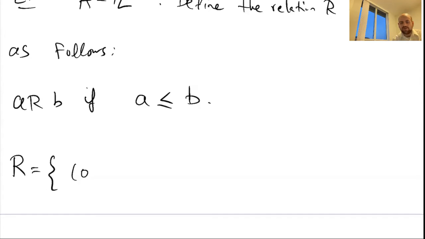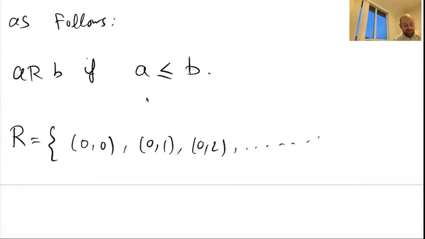So let's say the first coordinate is 0, then which pairs will be included in R? According to this relation, the second coordinate must be bigger than or equal to the first coordinate. So the second coordinate must be bigger than or equal to 0. So it could be 0 itself, or 0 and 1, or 0 and 2, right? Or if the first coordinate, for example, is 1, then the second coordinate could be also 1 or 2.